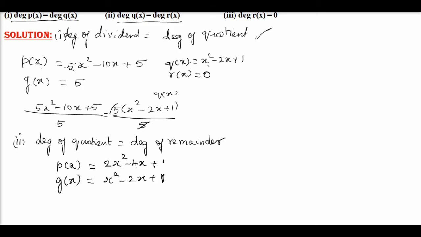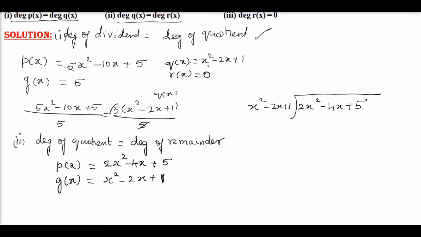Let me take some 5. So if you consider polynomials like this, here it is 2x square minus 4x plus 5, and here it is x square minus 2x plus 1.